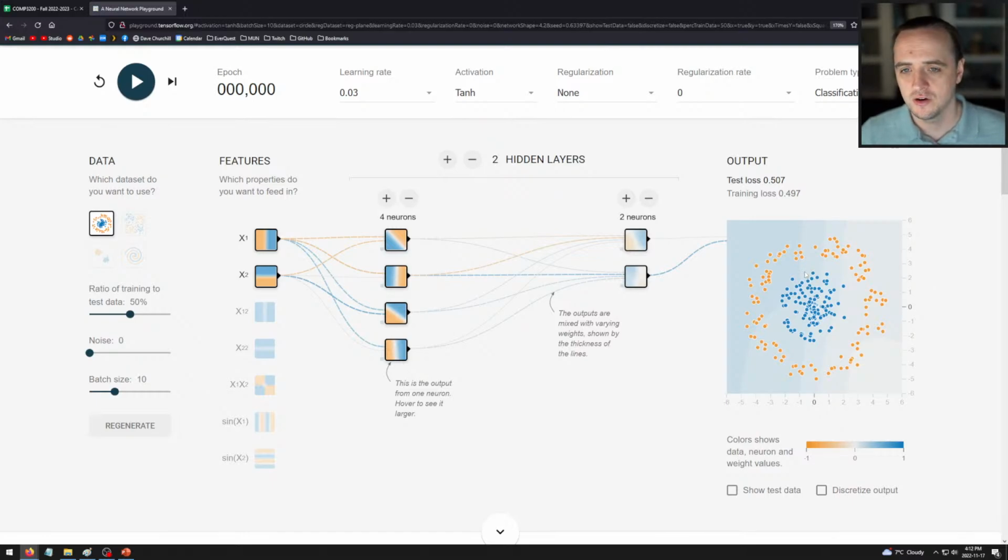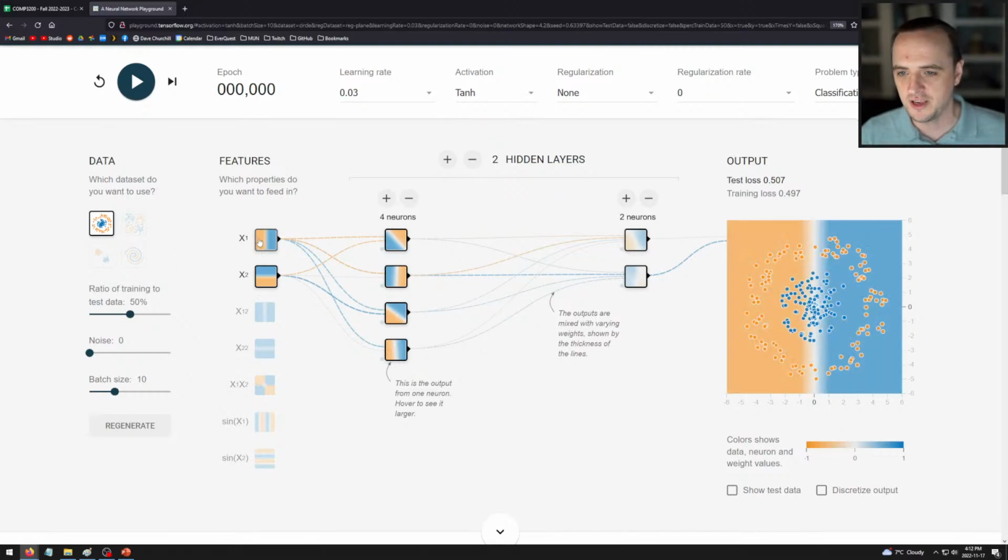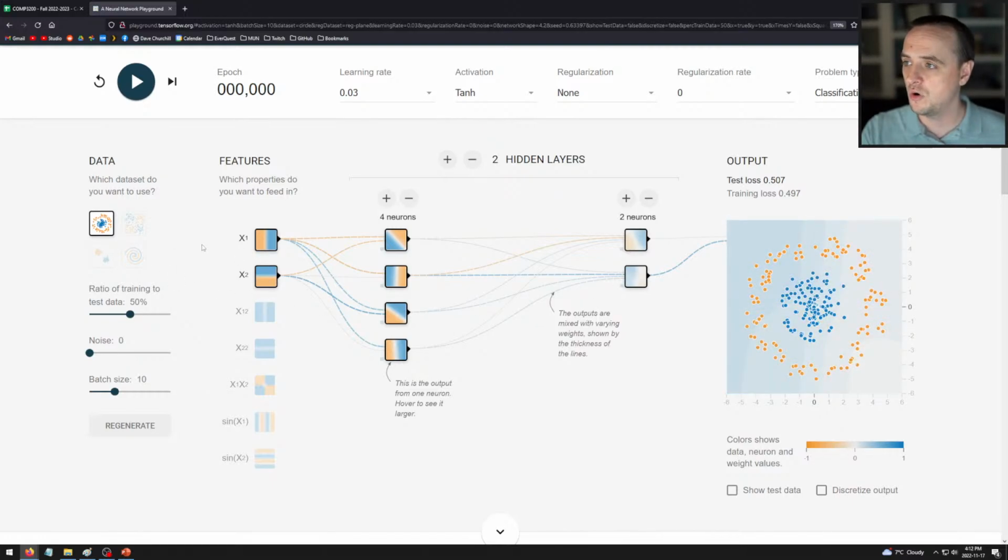So ideally, what our neural net would be able to do, if run, would be able to take in the value of a new unseen point and predict whether or not that should be orange or that should be blue, right? So if you as a human were asked to do this prediction, you could kind of see, okay, well, it looks like this circle here, well, inside this circle should be blue and outside that circle should be yellow or orange.